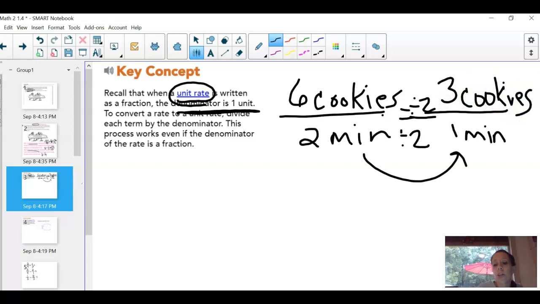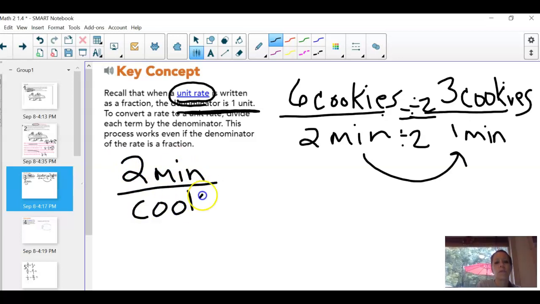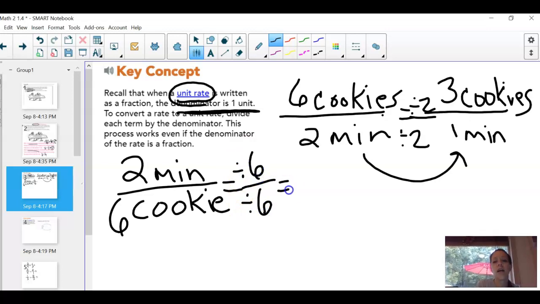Now if I wanted to know how much time per cookie, then I would flip it. So say I ask how many minutes per cookie. Now I've got my 6 here, and I'm starting to get back into what we looked at, which is that it's not always nice, pretty whole numbers.